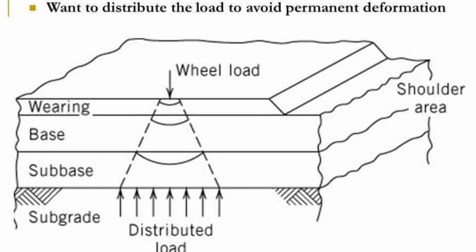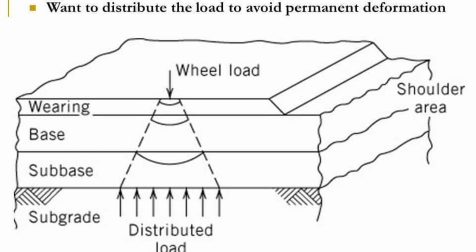So the wearing course or top layer of the road is facing more load because the contact area is very smaller as compared to other layers. Then load is distributed towards the base layer and then to sub base and finally to subgrade.